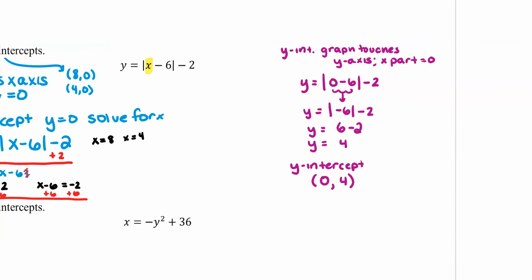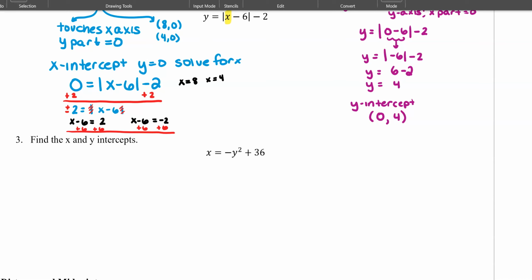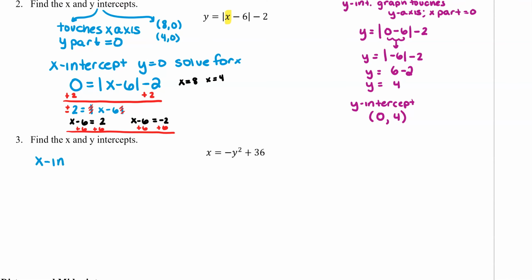Okay, let's try another one. So find the x and y intercepts for this equation. If I was going to draw the picture, where would the picture touch the x-axis and where would the picture touch the y-axis? So for the x-intercept, we're going to let y equal 0.